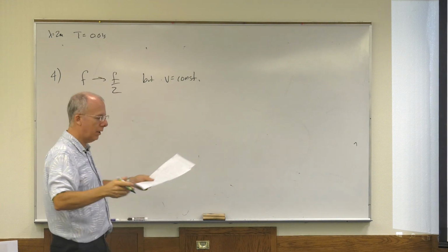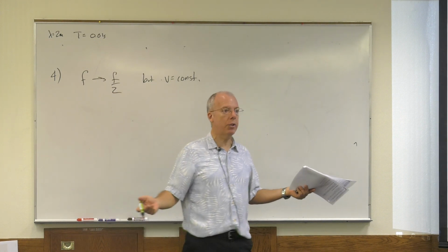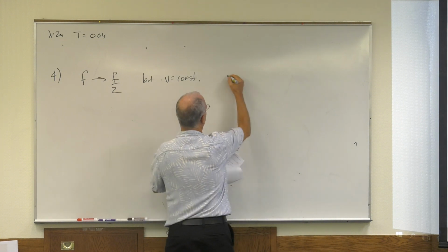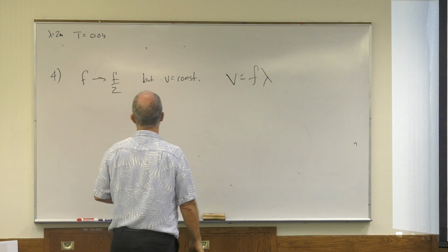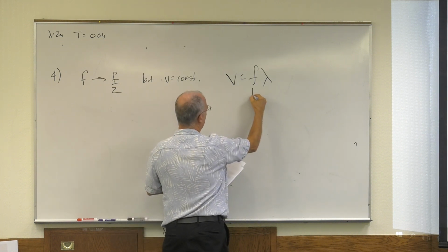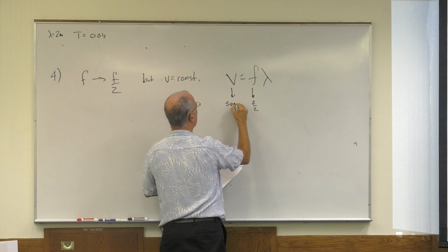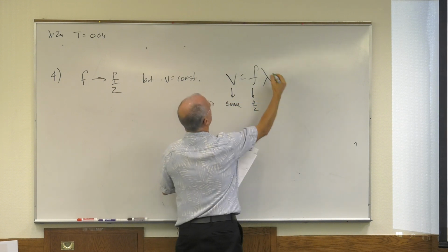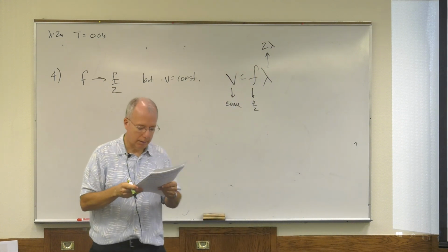Okay, so what equation did you use? What equation do you always use? When in doubt with waves, use f equals ma, where this is what I call f equals ma, right? Okay, so this becomes f over 2. This remains the same. So what has to happen to that? It has to go to 2 lambda, right?